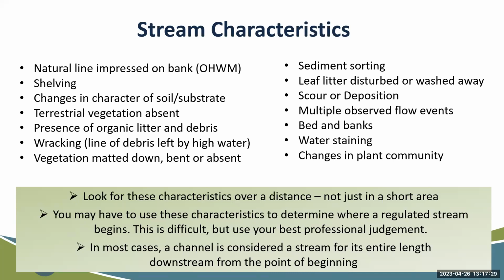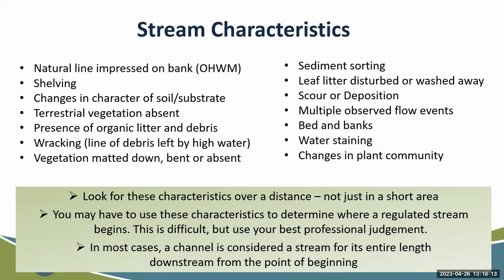An absence of terrestrial vegetation within that channel where that continued occurrence of water or visible evidence of flow is located. The presence of organic litter and debris, fine silts and sediments that may be deposited by flowing water, a rack line, so a line of debris that's left by flowing water or higher water. You can see this in leaves or small or larger twigs that are left by high water or oriented in the direction of flow.